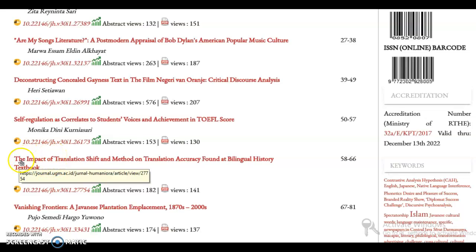Humaniora Journal. The title is The Impact of Translation Shift and Method on Translation Errors Found at Bilingual History Textbook, made by me. For more examples you can see, but let me show you later after this. But you can search it by yourself.